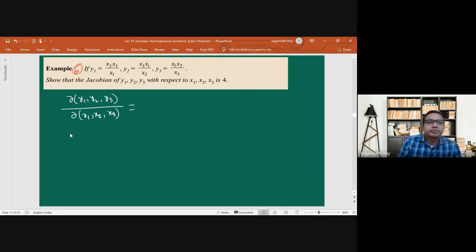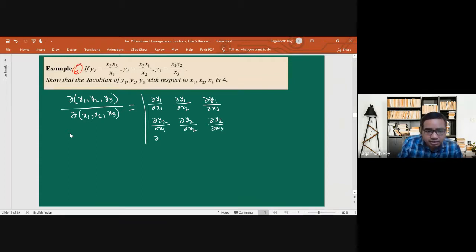So here y1 is given, and the Jacobian will be given by this one. Del y1 del x1, del y1 del x2, del y1 del x3. Similarly, del y2 del x1, del y2 del x2, del y2 del x3.